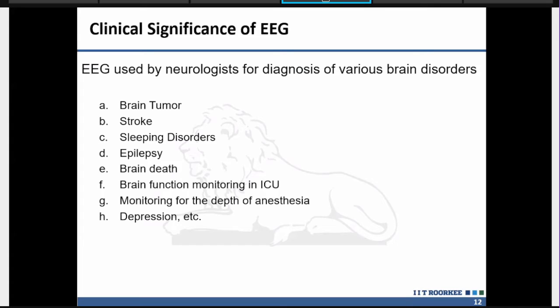We have the EEG signals, and those signals will be checked by the doctors to understand if there is any disease, for example, whether it is epilepsy or not, or what the severity is. So doctors can understand.